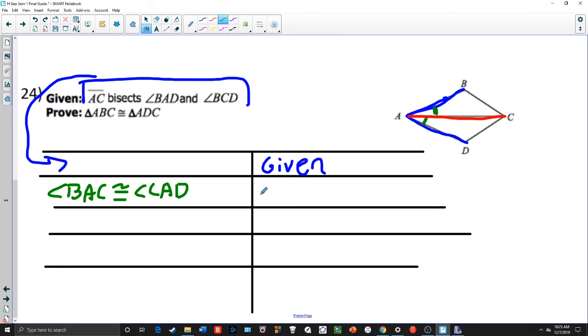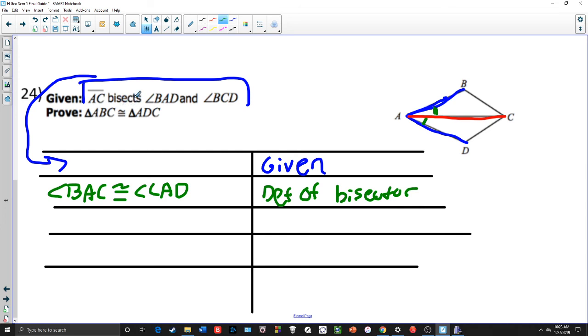And why is that true? Well, by definition of bisector.